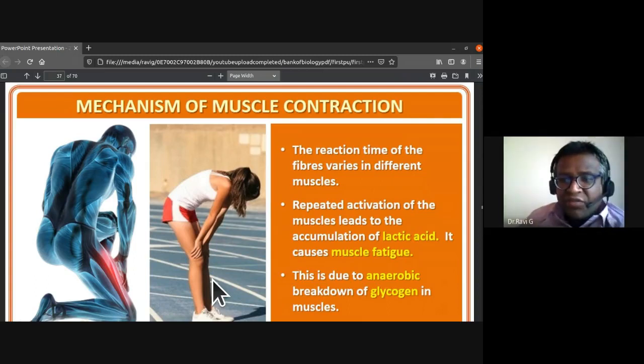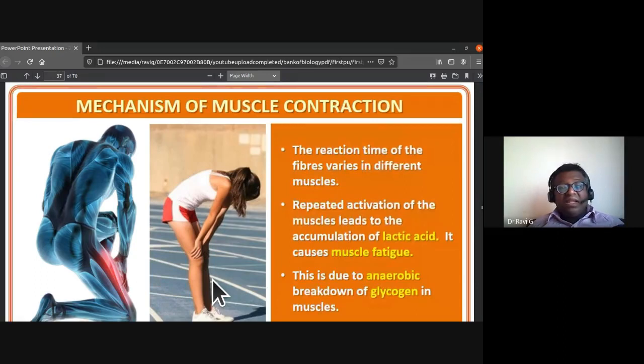The next is the mechanism of muscle contraction. Some points that you have to remember. The reaction time of the fiber varies in different muscles. It might not be the same. Repeated activation of the muscles leads to the accumulation of lactic acid, because there would be anaerobic respiration in the muscles.